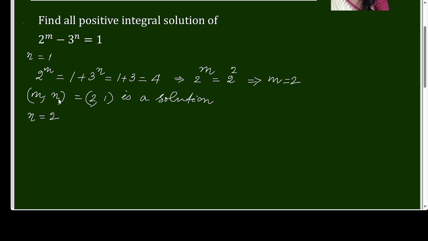So then what will happen? 2 to the power m minus 3 to the power 2 equals to 1, and 2 to the power m equals 1 plus 9, that is 10. So positive integer of m is not possible. This gives m is not an integer.